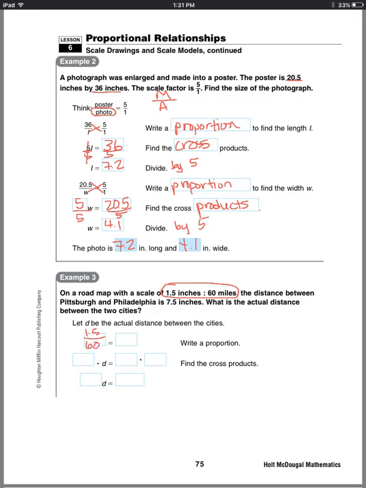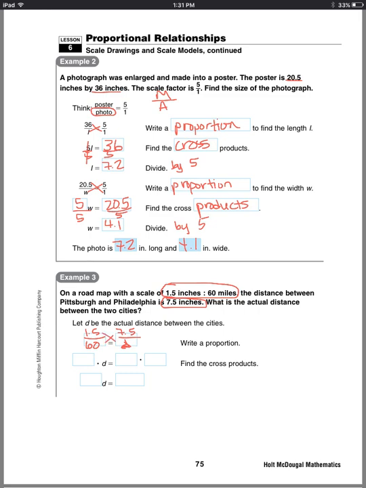Okay, the model over the actual, and then the 7.5 inches is our model, so we put it up top over our actual, which we don't know, so we're going to put a D there for distance because we don't know the distance. So notice how on both of our ratios that form our proportion, we keep the model in the top and the actual in the bottom.